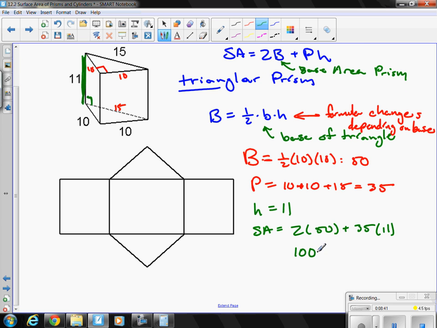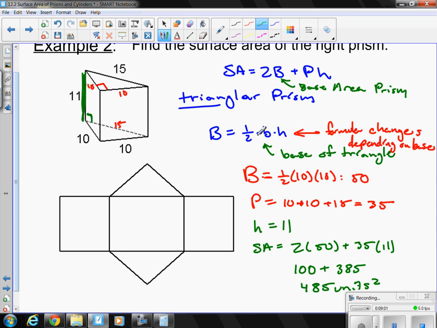So we get 100 plus 385. So my surface area is 485 units squared.